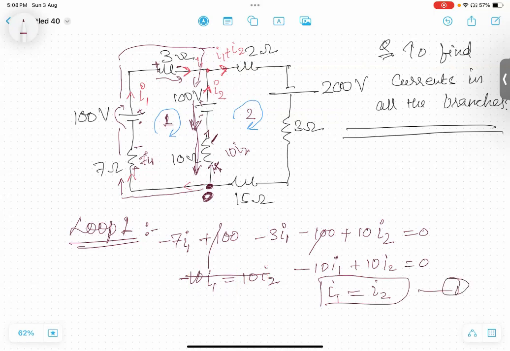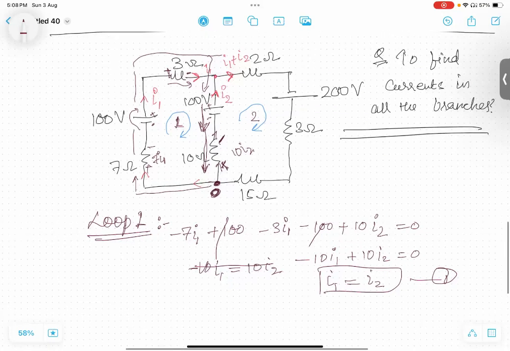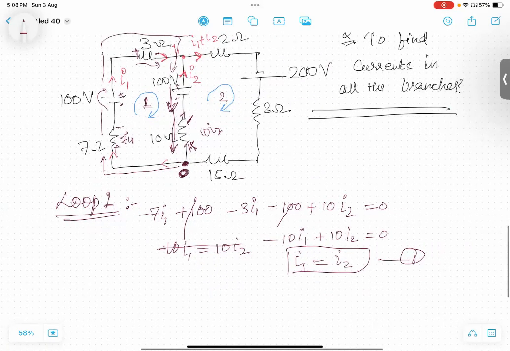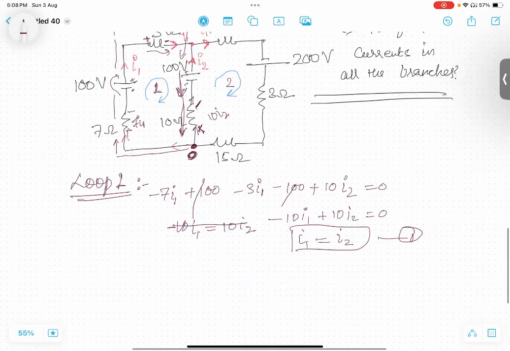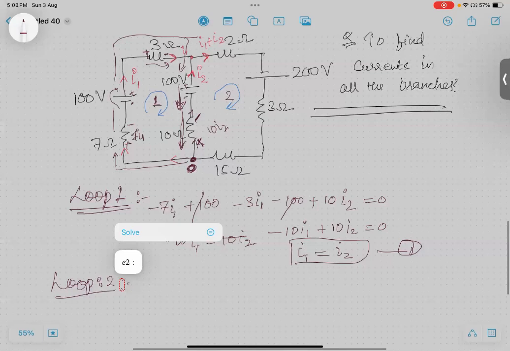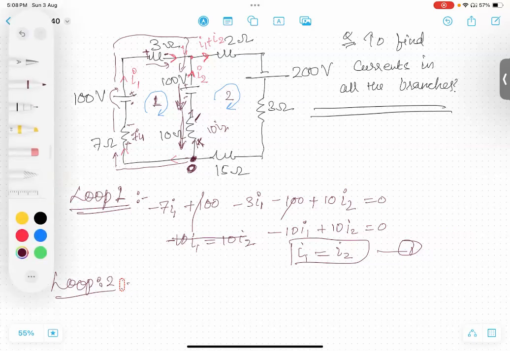Okay. Similarly, we will take another loop, loop number 2. In loop number 2, again, we are going to move from this 0 and we will go like this.